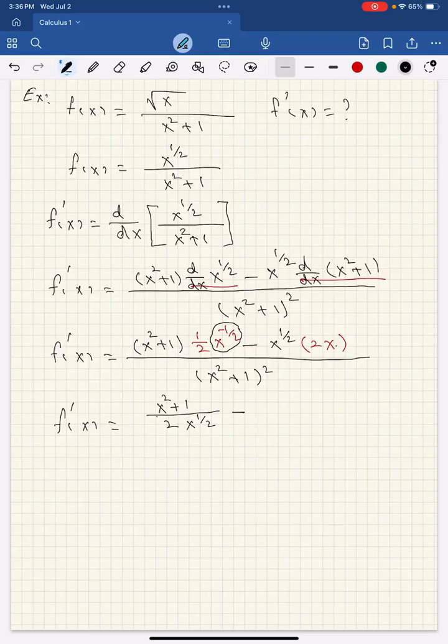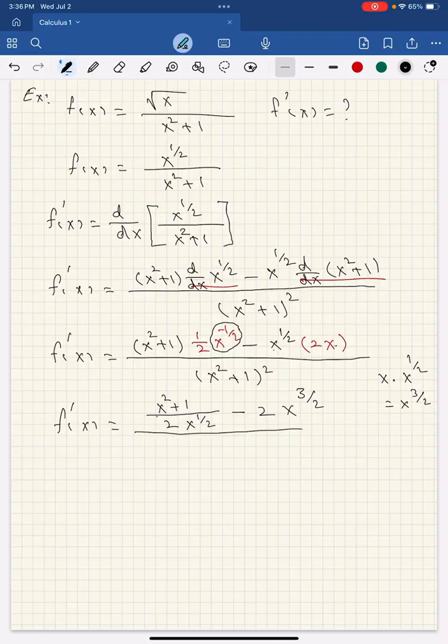Minus, when you multiply 2x times x to the power of 1/2, it gives you 2x to the power of 3/2. You see, x times x to the power of 1/2 is x to the power of 3/2, right?